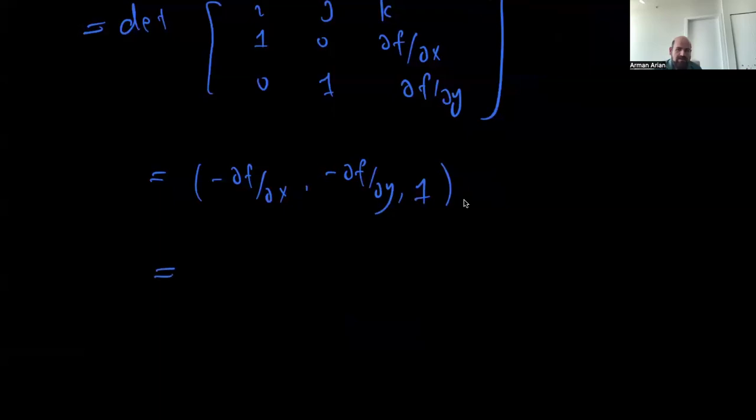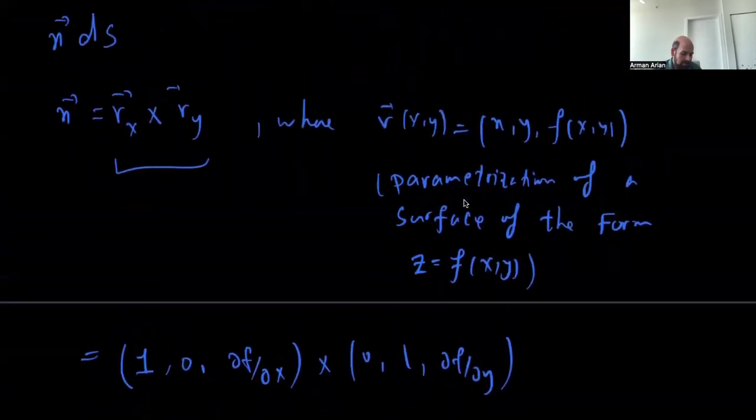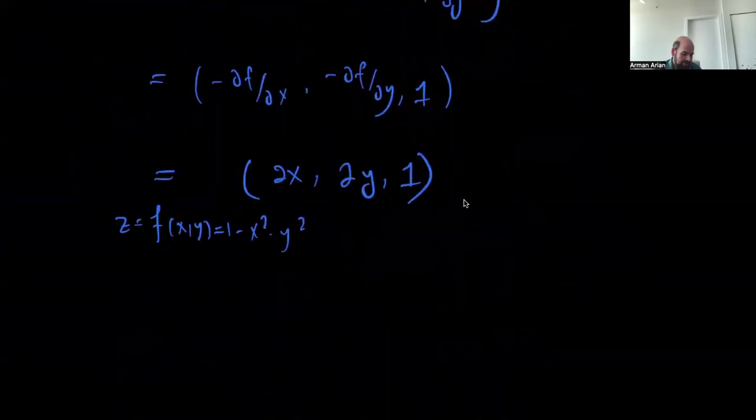In our case, f of x and y was 1 minus x squared minus y squared. So if we plug in, we get 2x, 2y, and 1. So 2x, 2y, and 1 will be our vector n.